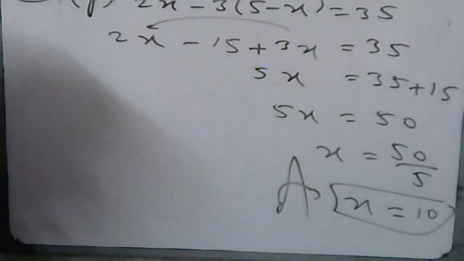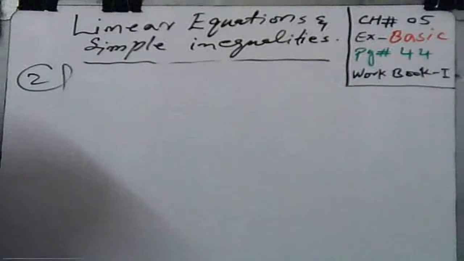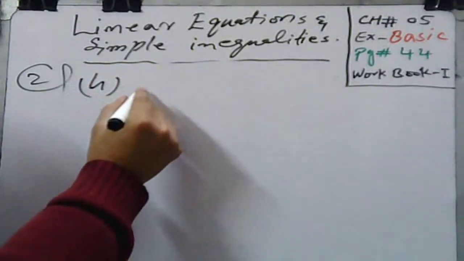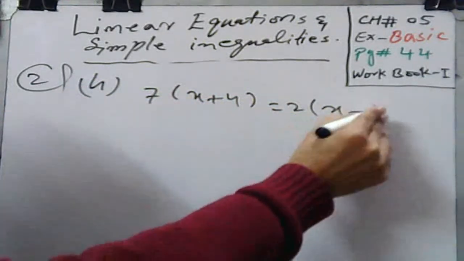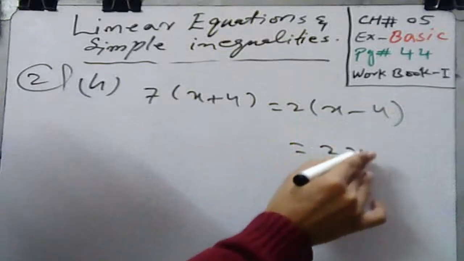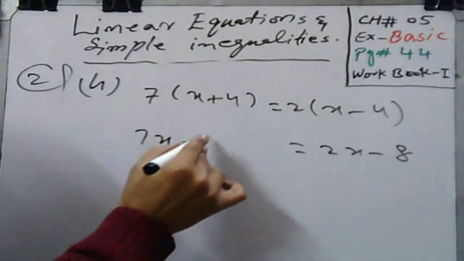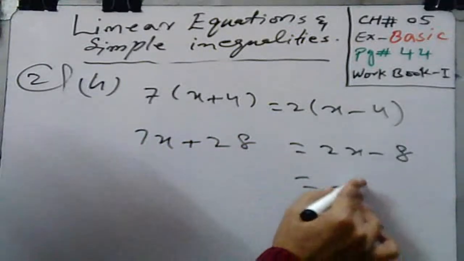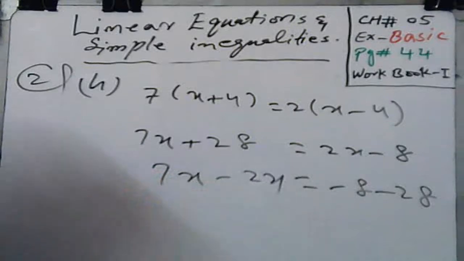Now in H part, 7 into x plus 4 is equal to 2 into x minus 4. Again, by the same methodology, multiplying, the bracket should be removed. So the constant term should be shifted to one side and the variable to the other side, as you see here.